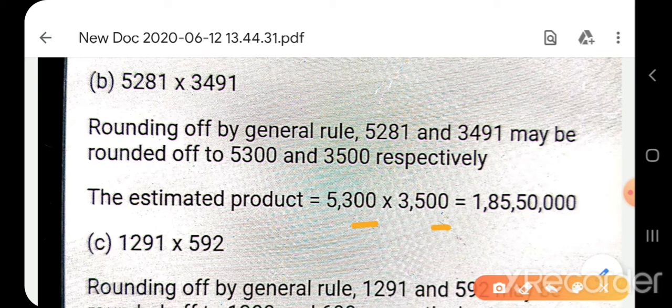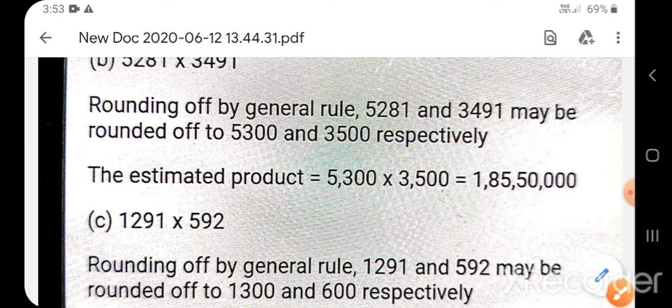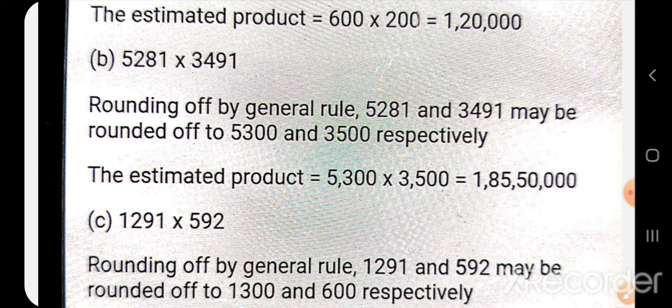So 1855 and 4 zeros means 1 crore 85 lakh 50,000. So the estimated product of 5,281 and 3,491 is 1 crore 85 lakh 50,000.